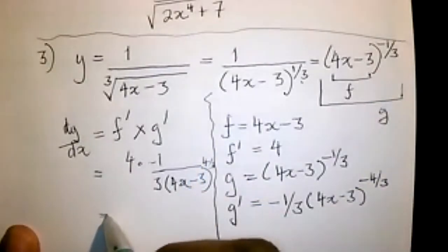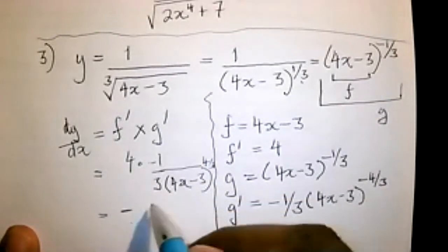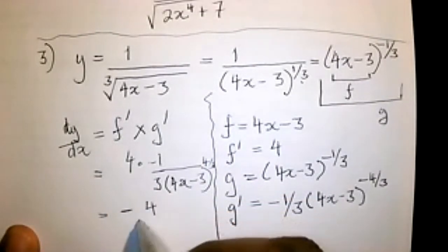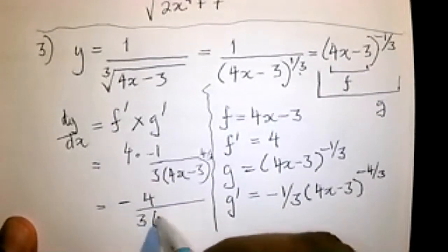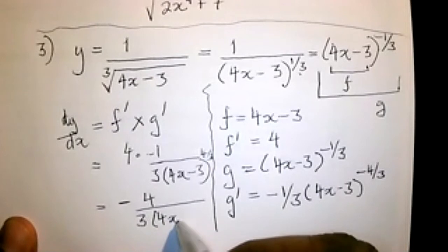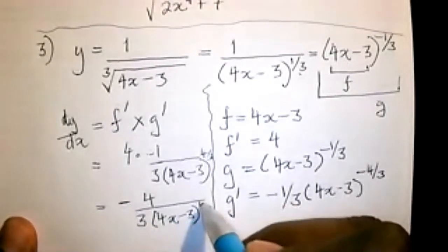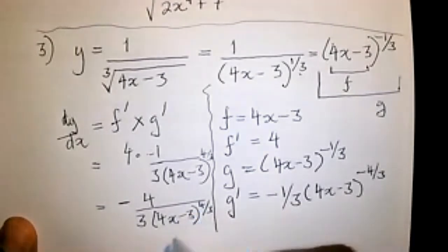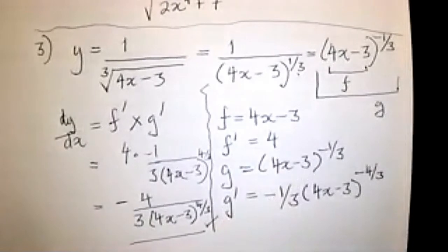So this is negative 1 times 4. So we can put the negative sign here, and then we can put the 4 there. And remember, we've got a 3 here, and then that gives us 4x minus 3. Hopefully this time I will have enough space there. Yes, indeed, I do. So this is our final derivative.